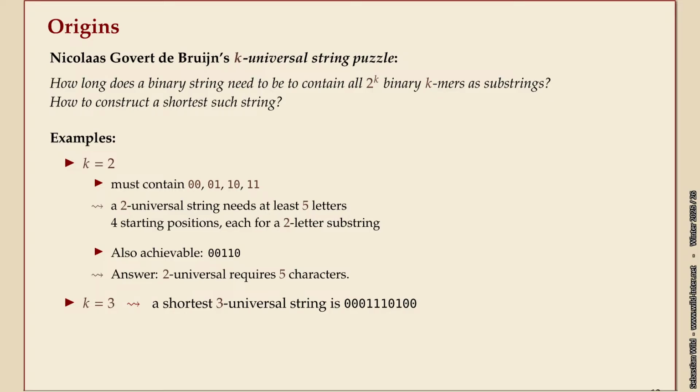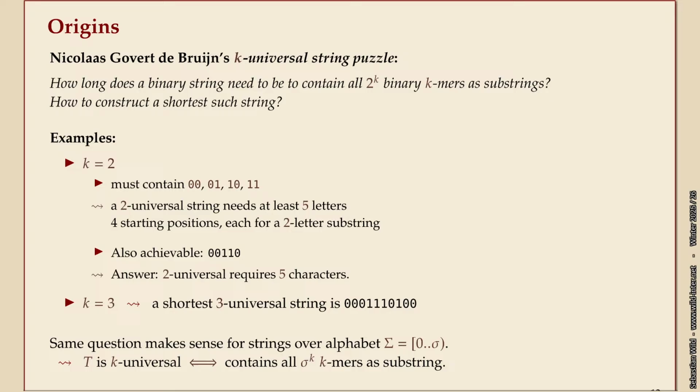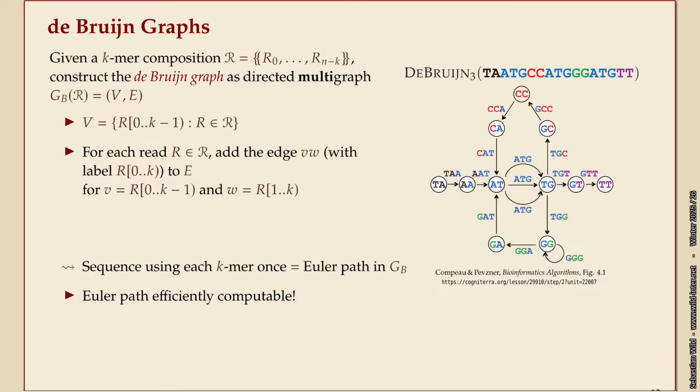So what did he do? He constructed a different graph, and that's now called the De Bruijn graph. It starts also with our reads, so our k-mer composition. Now this time we'll use, again, vertices that correspond to strings, but there are 2 differences.